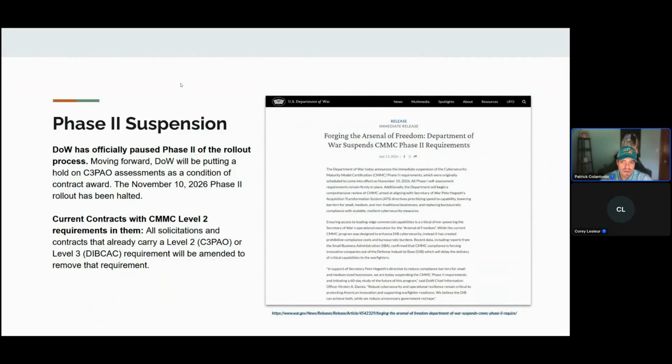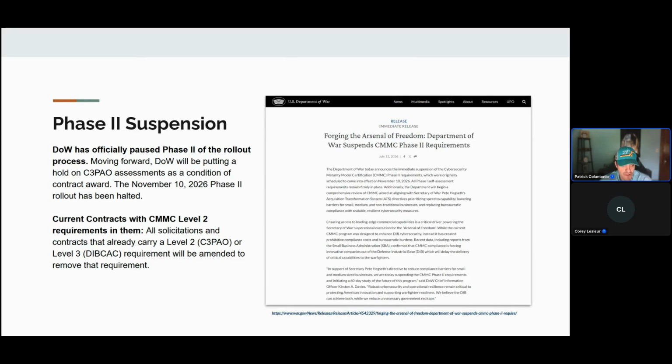So just to rehash, phase 1 has basically been extended indefinitely for self-certification of CMMC. So no L2 C3PAO is being required or going to be required by the DoD officially on that original November 10th deadline. They've pushed that off.